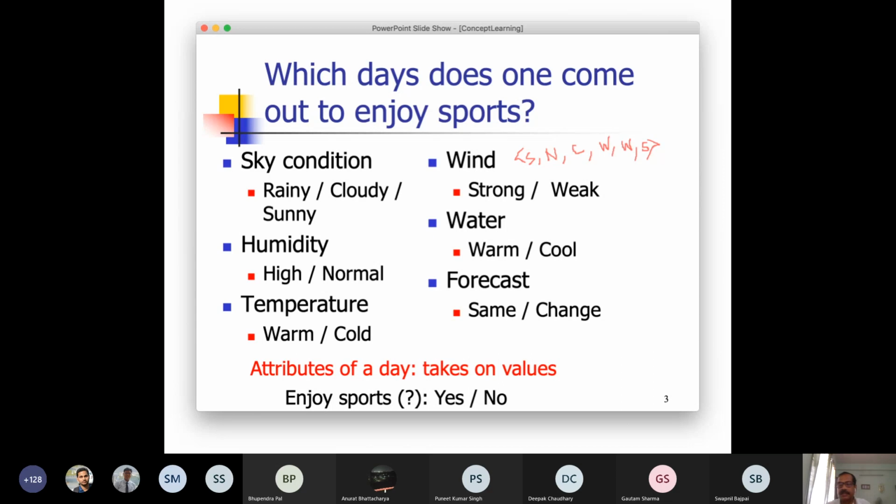It means the conjunction: sky equals sunny, humidity equals normal, temperature equals cold, wind equals weak, water equals cool, and forecast equals same. Now this is a hypothesis, isn't it?